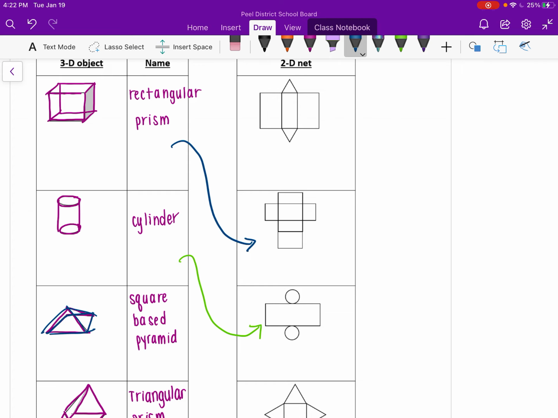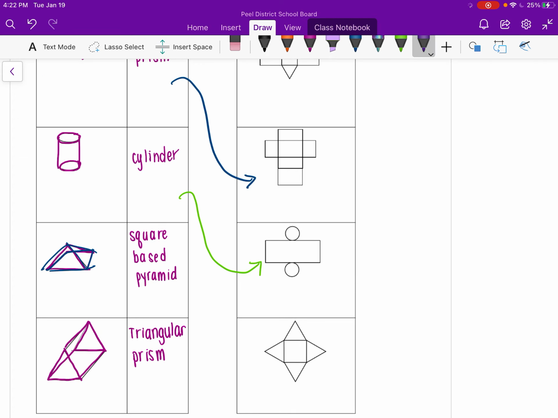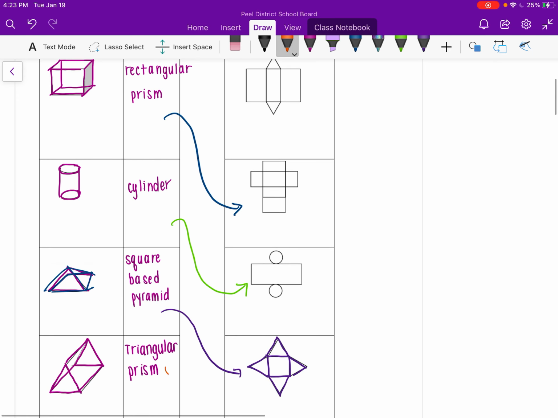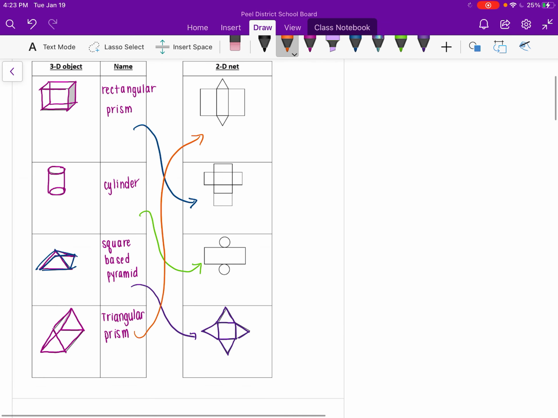Where is that one going to be? Right here, we got a square base and a bunch of triangles popping out. Okay. And then that leaves us with our triangular prism, which is just this thing over here. Again, we have these triangles with these rectangles to connect it. Okay?